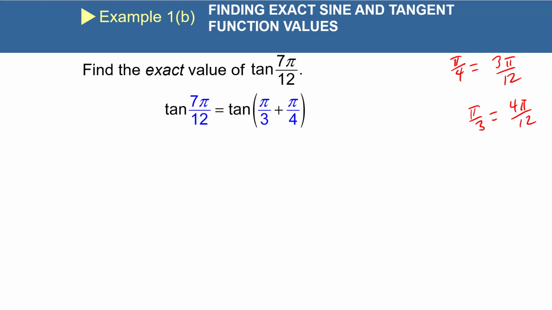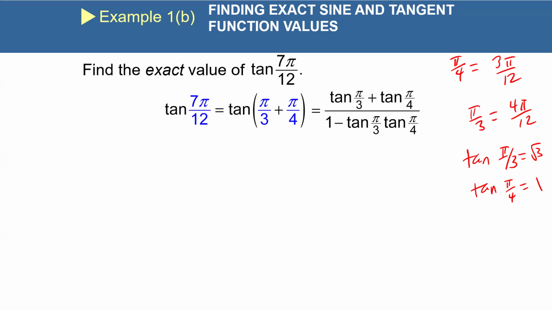Because you have to find the tan of each one of these. So the tan of pi over 3 is square root of 3. And the tan of pi over 4 equals square root of 2 over 2 divided by square root of 2 over 2, which is 1, because anything divided by itself is 1.